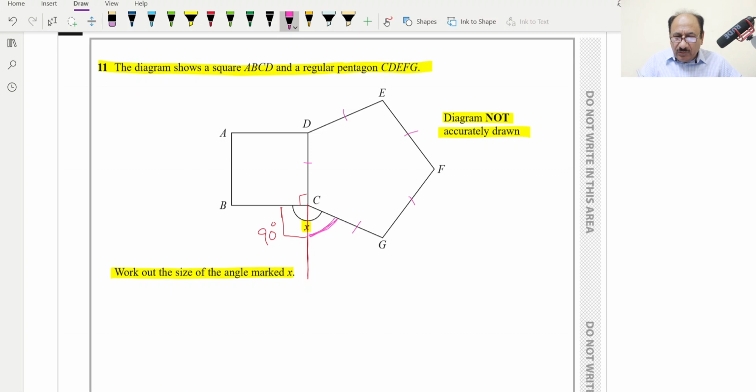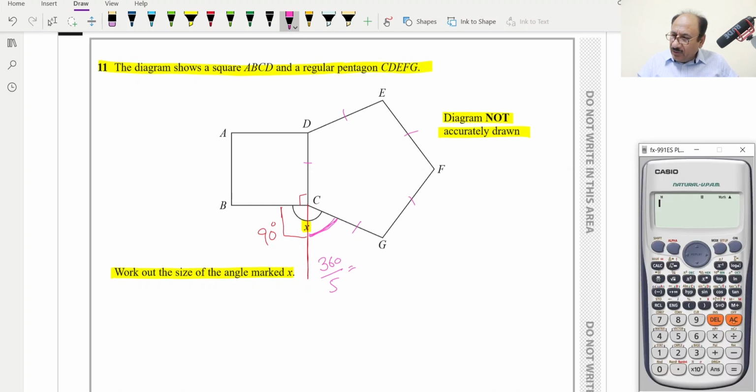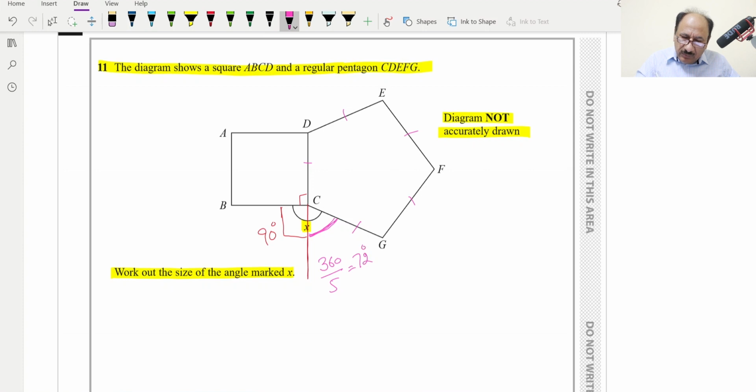We require this angle. This is basically 1, 2, 3, 4, 5. So the pentagon has 5 sides, so the sum of exterior angles adds up to 360 degrees. So the same rule we are applying. 360 divided by 5 is equal to 72. So this angle will be 72. So we'll add 90 plus 72.